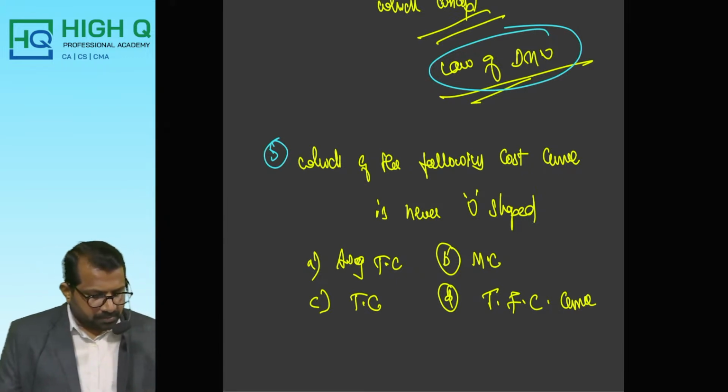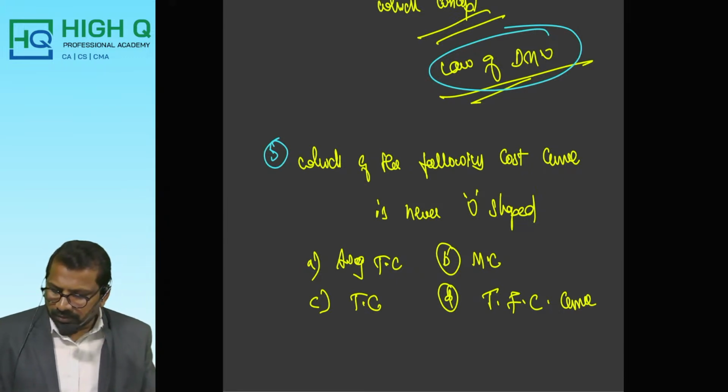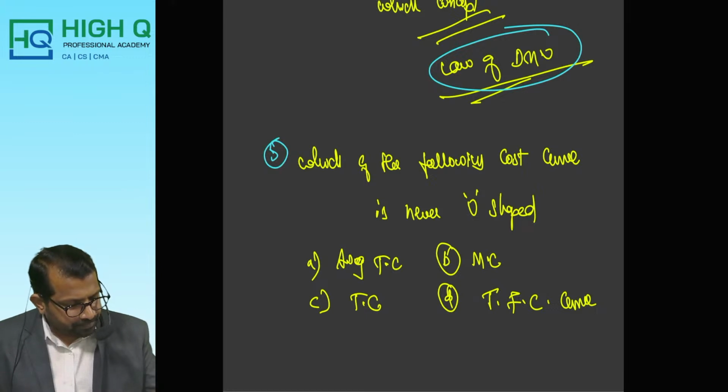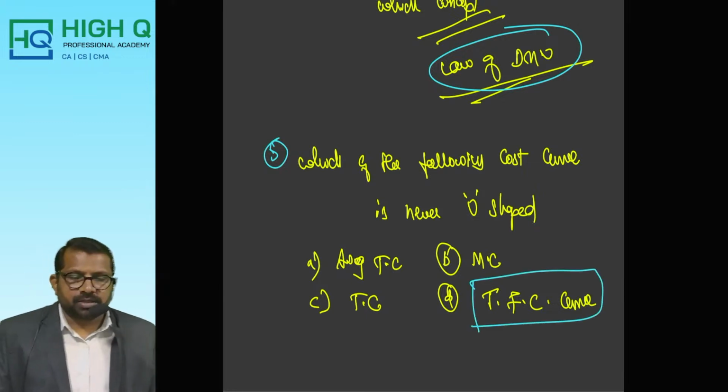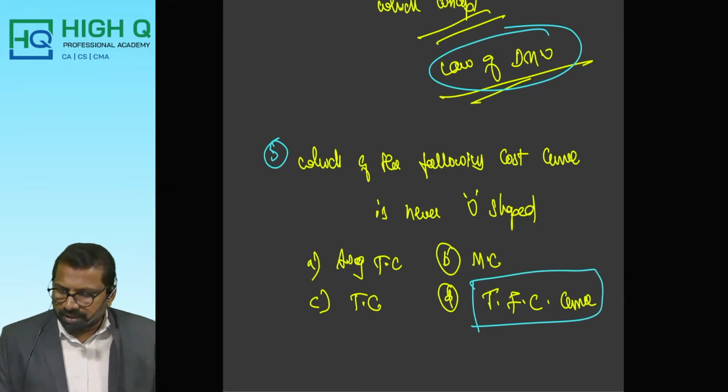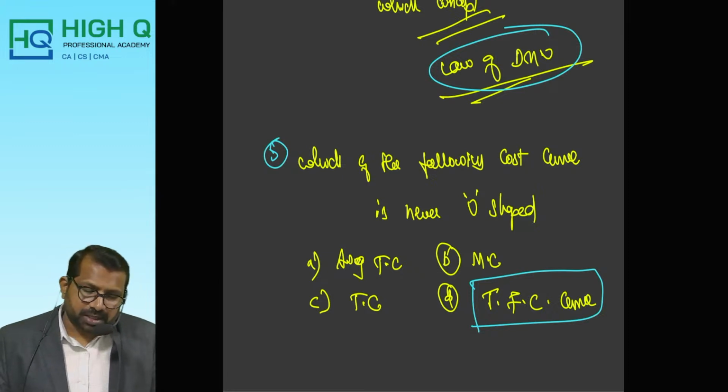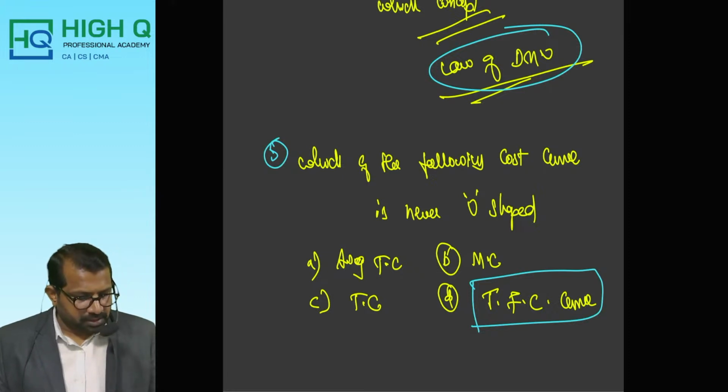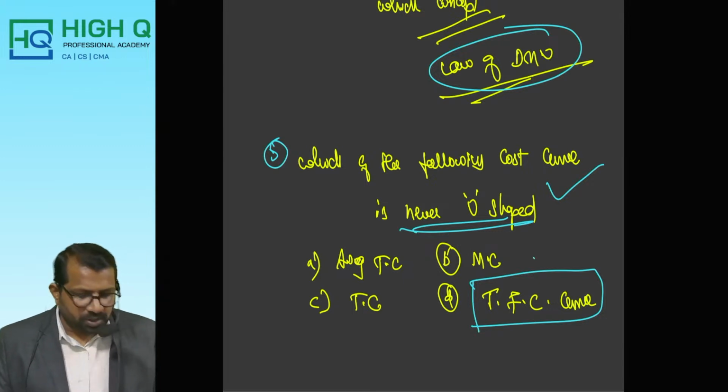Answer: total fixed cost. This total fixed cost curve remains the same even when total production increases. So here it never becomes U-shaped. Which one? Total fixed cost, it never becomes U-shaped.